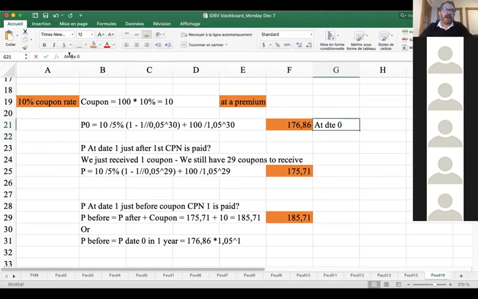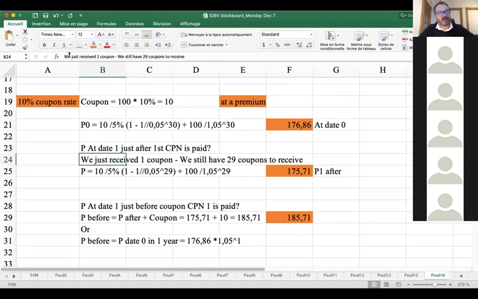Then you were asked to calculate the price at the date one after the first coupon is paid. That's P1 after. If we are at P1 after, it means that we just received one coupon, so we don't talk about this one anymore. It's already cash that we have in our pocket, so maybe we can invest that somewhere else.